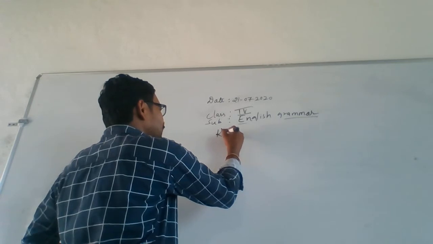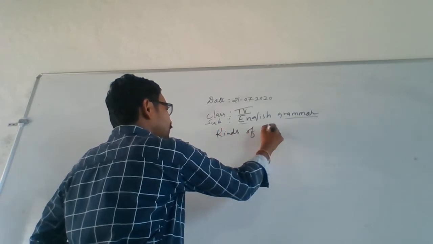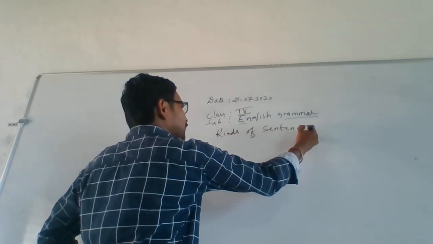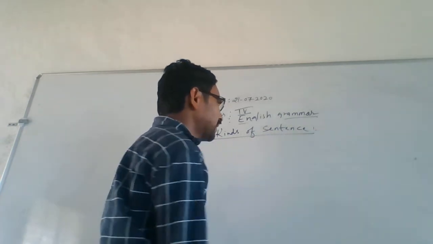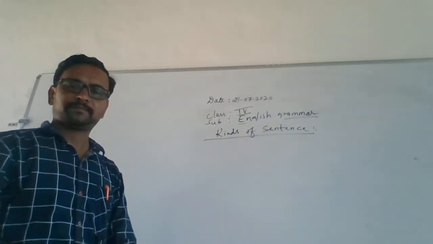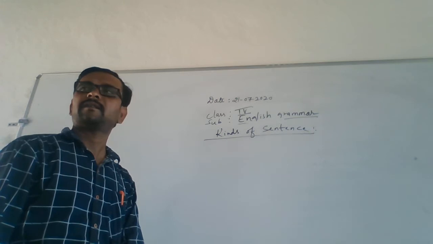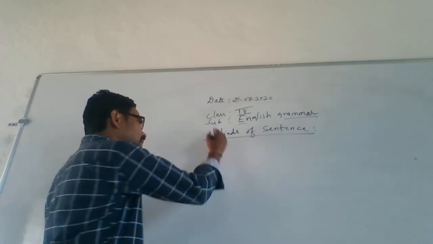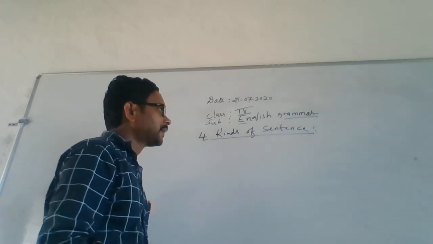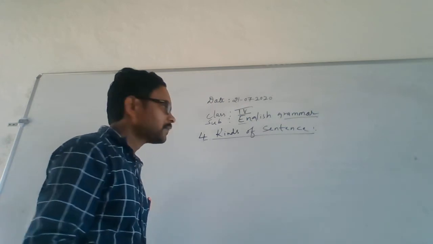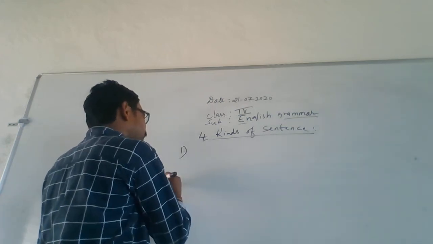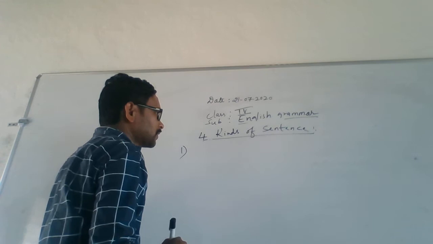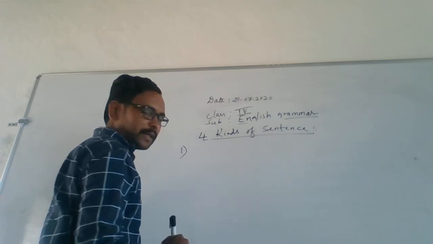Next thing is what? Kinds of sentence. Tell me how many kinds of sentence? Any idea? Yes. 4 kinds of sentence. Let us see what are those. What are the 4 kinds of sentence?